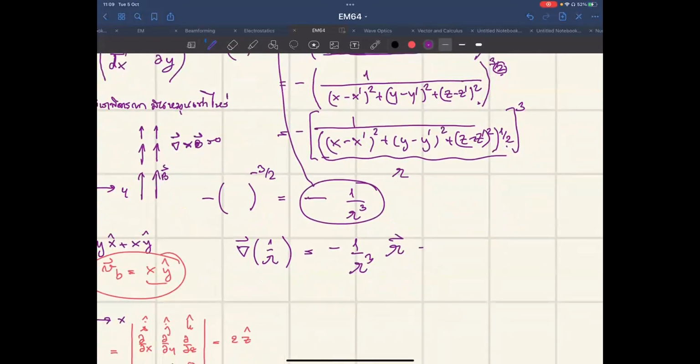And we know that minus 1 over r square here. And this one is equal to what? The unit vector of r here. So we have gradient of 1 over r equal to minus 1 over r square, this term. Is it what we want? Yes, it is what we want. So we can say that.